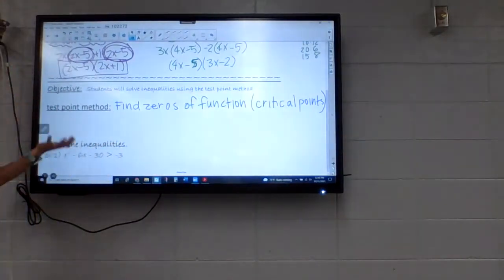So set the equation equal to 0, and then we're going to test numbers in between those values.